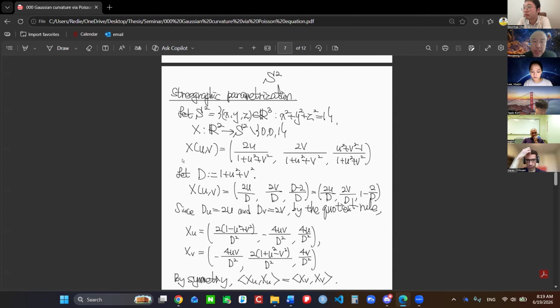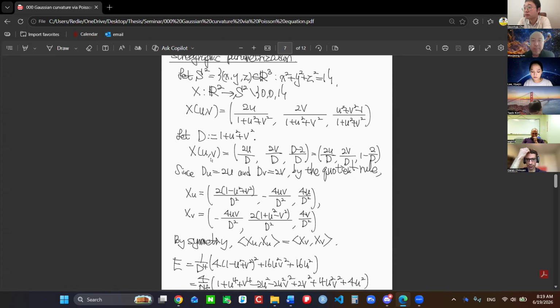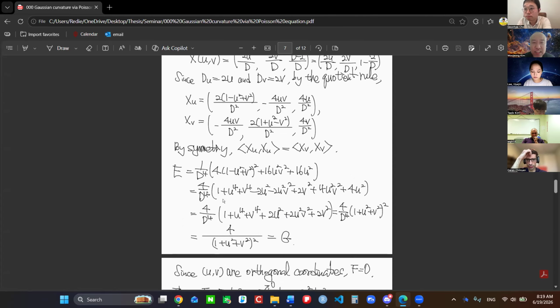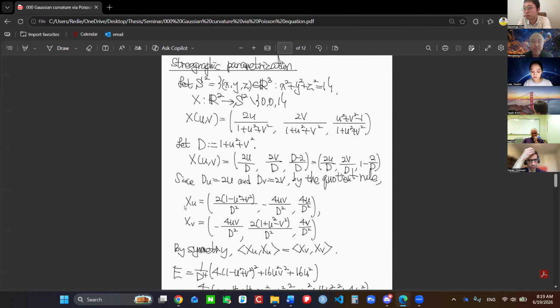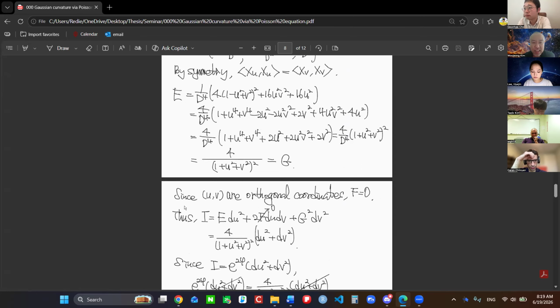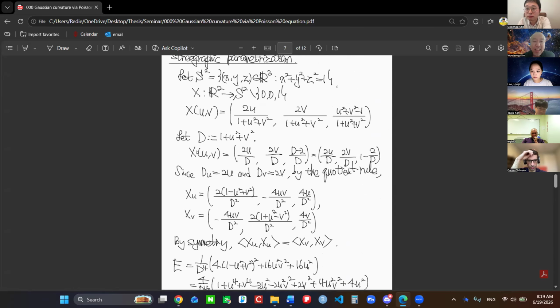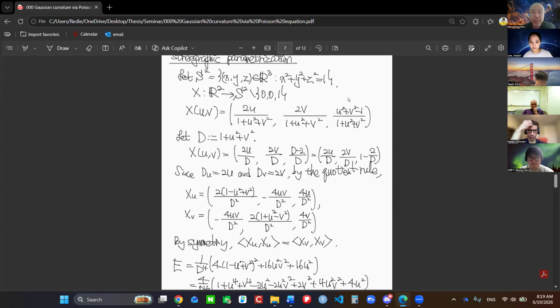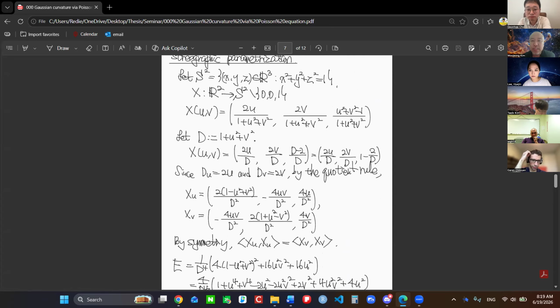So in here, we need to find the normal vector. So first, I'm sorry, not the normal vector. So this is the parameterization. The denominator, as you see, 1 plus u squared plus v squared, is the same, so I'm going to set this to d. So this one becomes like this.